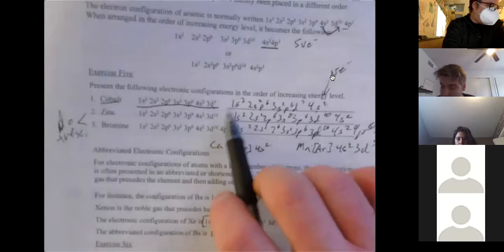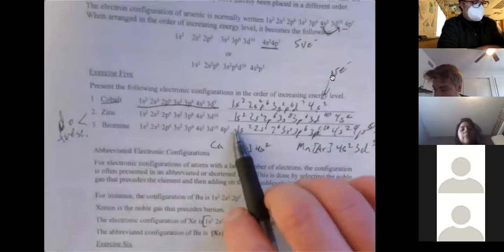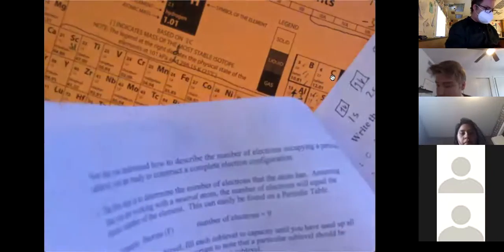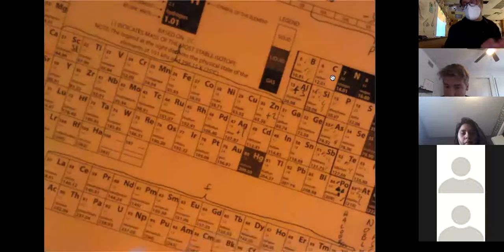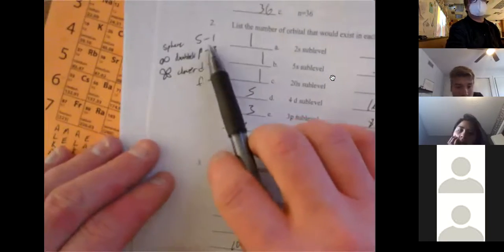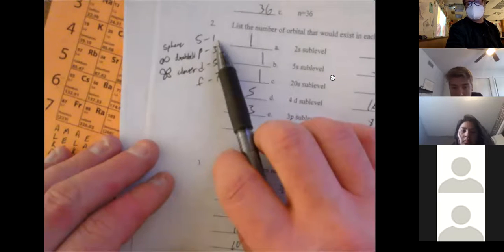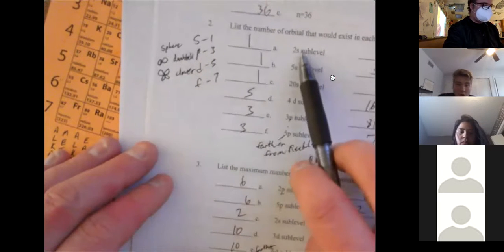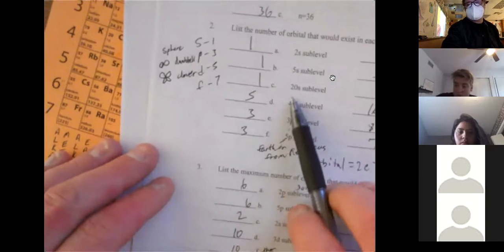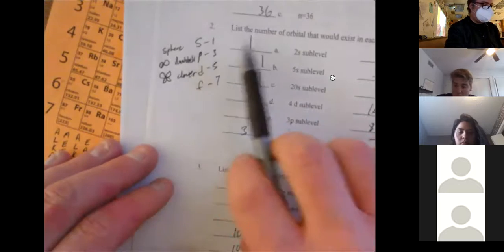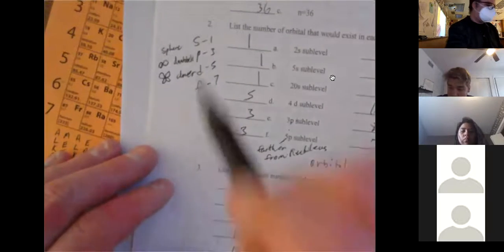So if it's on this stuff, the biggest part I could see you guys having trouble with is something I asked today and nobody answered. You need to know that an S has one orbital, which can hold 2 electrons. It doesn't matter if it's a 2s or a 5s or a 20s, it still has one orbital, and every orbital can hold 2 electrons.